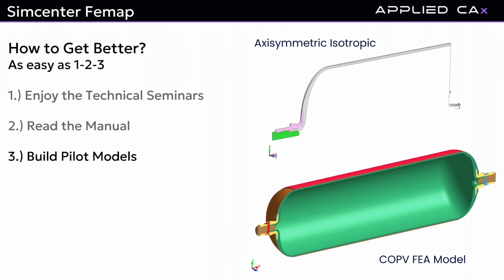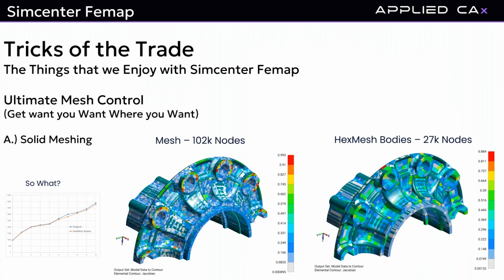You don't just jump in with a million node model. Build simple and then extrapolate. I think a lot of you know that, but I end up repeating it a lot for people. Tricks of the trade: I hope you listening this summer find something useful out of this.